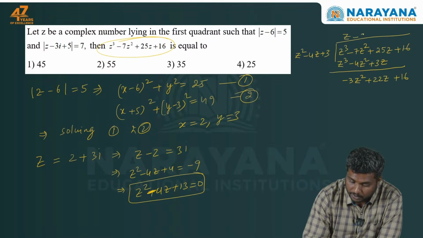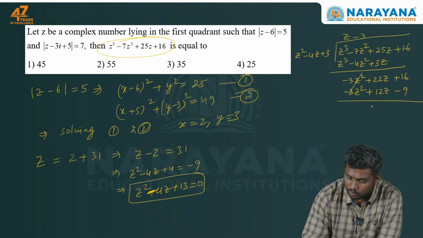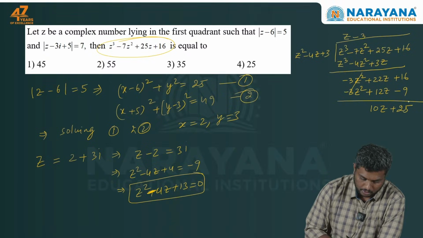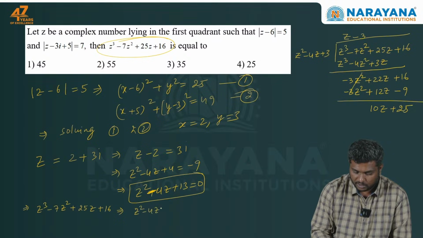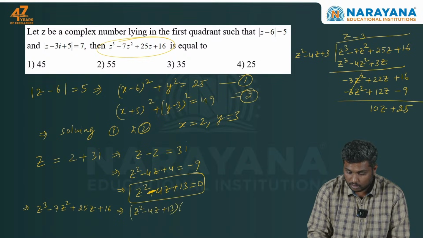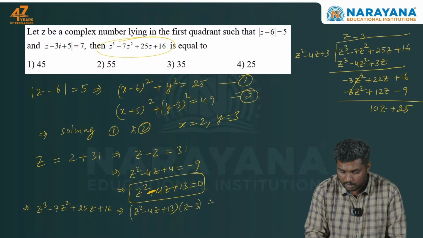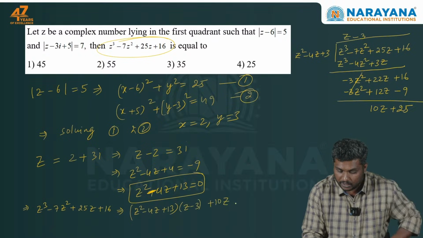Once again, minus 3, minus 3z square plus 12z minus 9. Subtracting both of these, we are going to get 10z plus 25. So guys, I can write z cube minus 7z square plus 25z plus 16 is equal to z square minus 4z plus 13 into the quotient. The quotient is z minus 3 and the remainder is 10z plus 25.